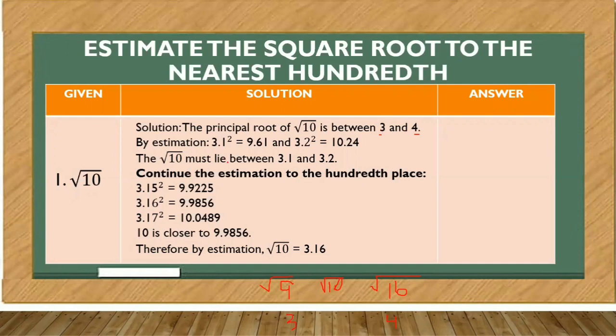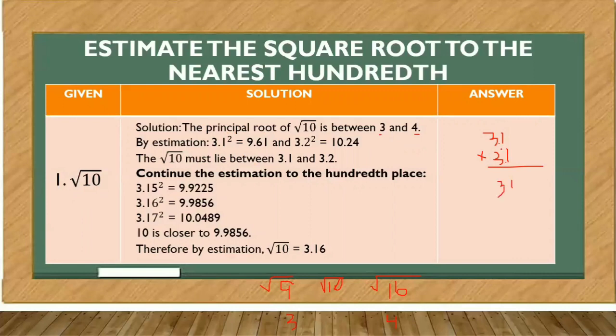By estimation, pag nag-estimate tayo, square natin sila ha, kailangan malapit kay 10 yung sagot niya. Alright, so 3.1 square. Pag square, ibig sabihin multiply mo sa sarili niya. Tawag po sa kanya, square. So multiply by 3.1. 1 times 1, then 1 times 3, 3.